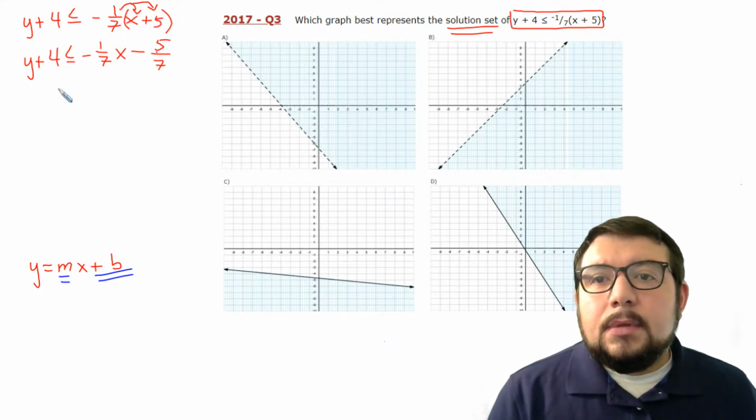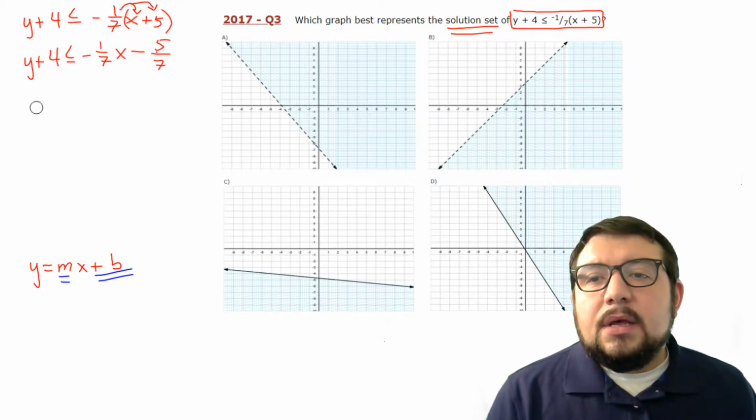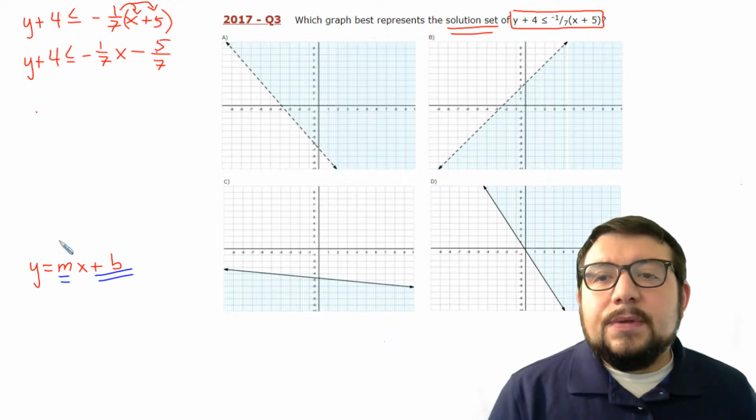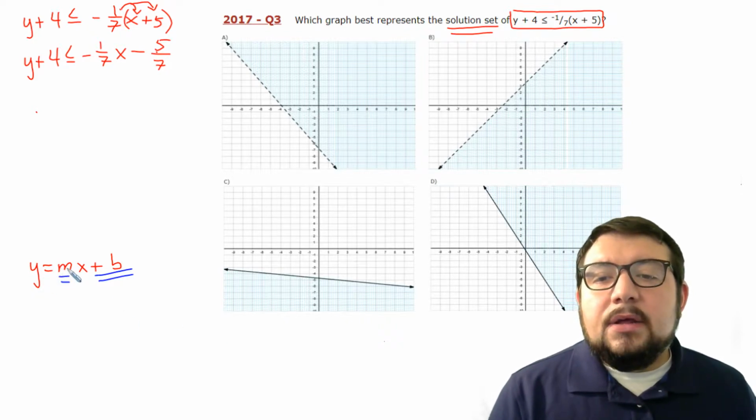Okay, now what we're going to do is take the 4 and move it. Let me just say why I'm doing this. Y equals mx plus b. The y is all by itself on the left, right? So I need a number times x and then combining with another number. And that's not what I have here yet.